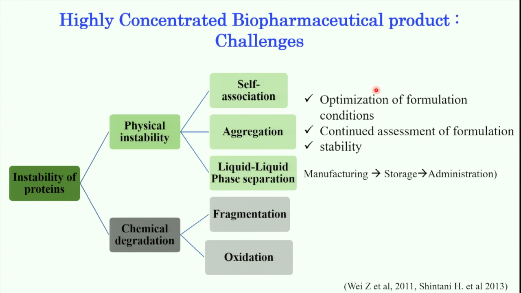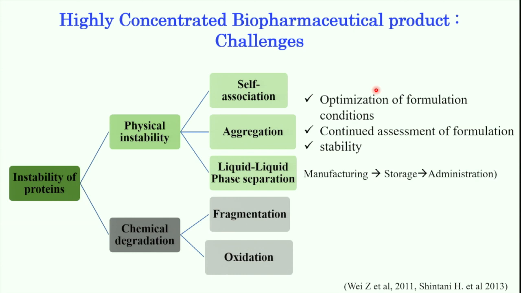So formulation teams spend a lot of time to optimize the formulation condition, and they have to continuously assess the formulation and stability. So typically, actually it should be done hand in hand. The analytical characterization should club with the formulation team at every step and ensure that protein structure is not changed. Now, one is manufacturing, right?